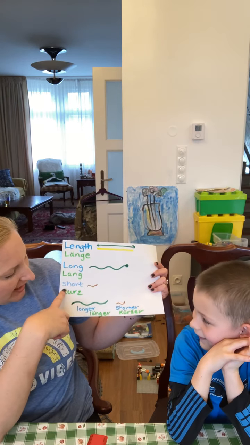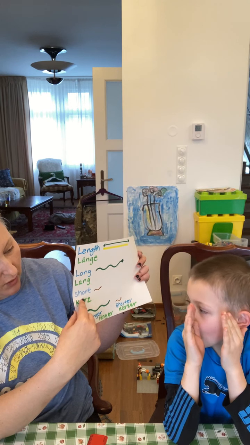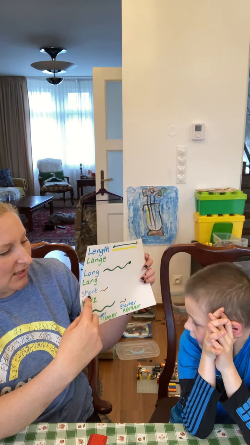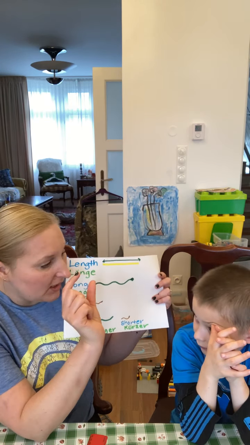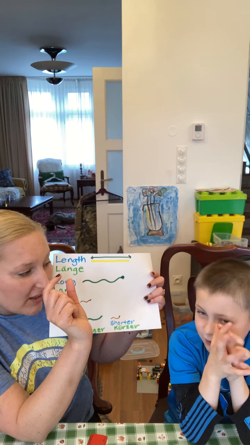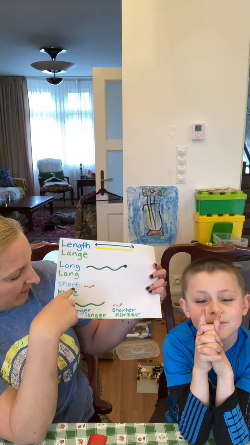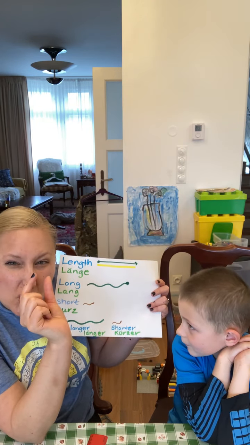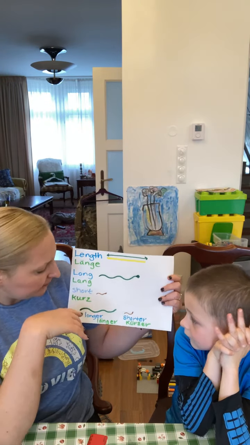Then can you read the next word for us, James? Short. Short, yes. And so for short, that's when, like James told us earlier, something small in length. Yes. And I drew a little picture of a worm because a worm is short, but a snake is long.